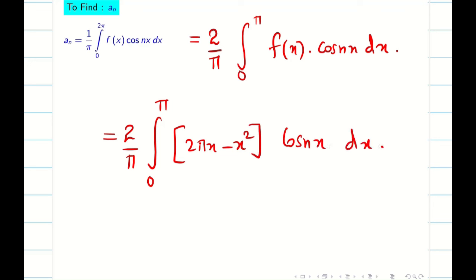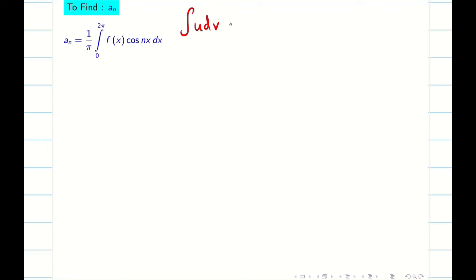Now we have to apply Bernoulli's formula. We know that Bernoulli's formula is integral u dv is equal to uv minus u dash v1 plus u double dash v2 and so on. Since my u is 2 pi x minus x square, the highest power is 2. So my integration contains 3 terms.